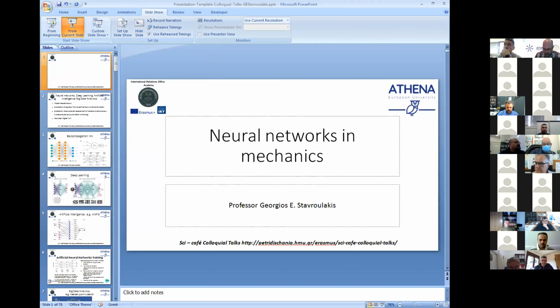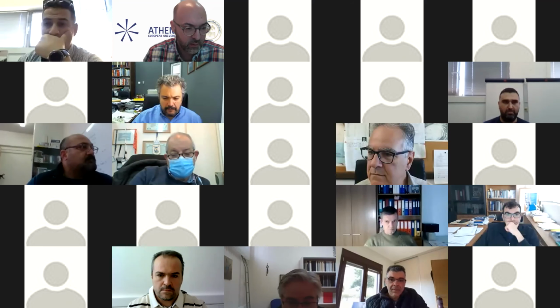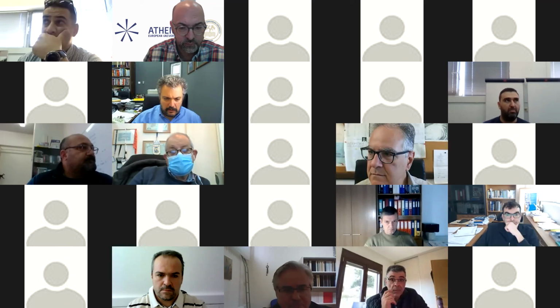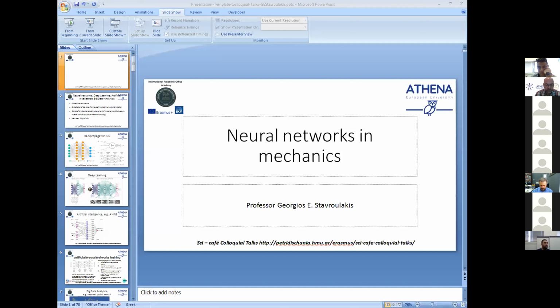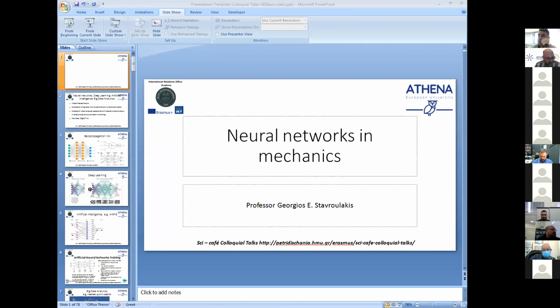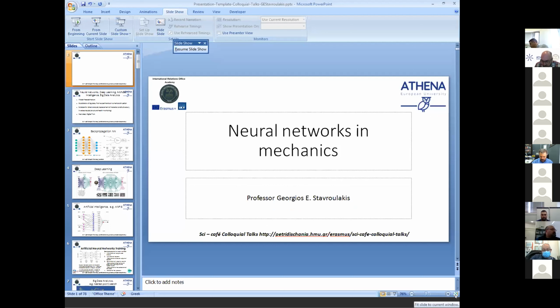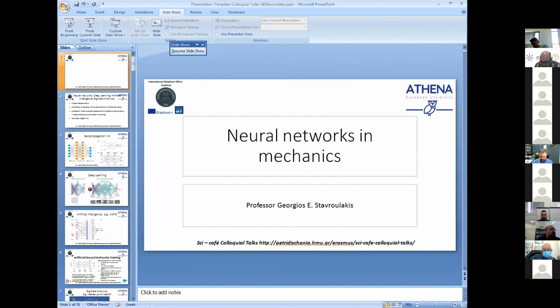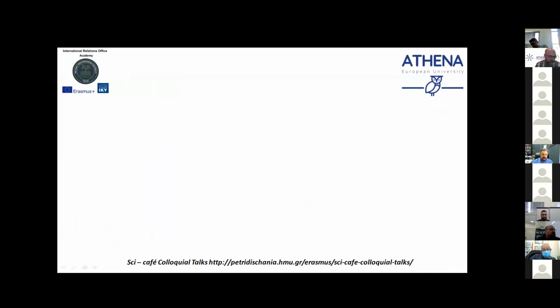If you go down, on the right, next to the 76%, you will see a symbol, to the left of the 76%. If you press it, it will go full screen. Yes. For some reason, the first picture is not appearing in this full screen. I'm sorry for this. I hope that everything will work further in this presentation.